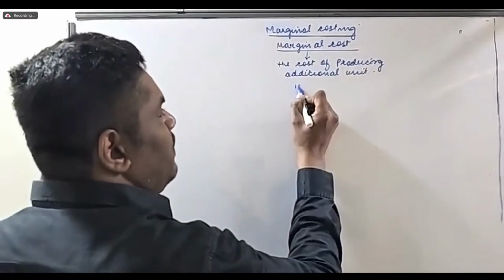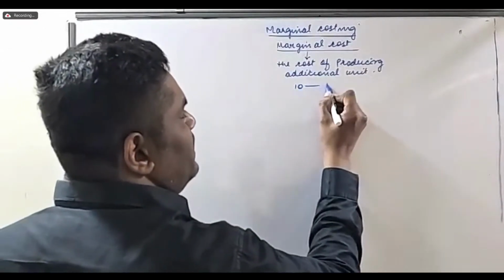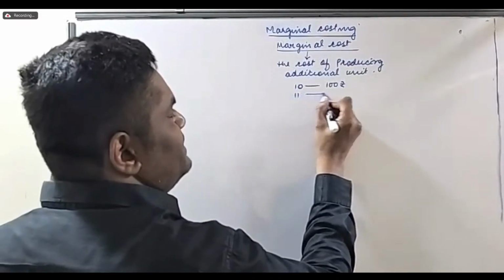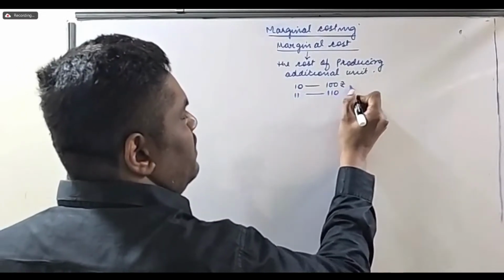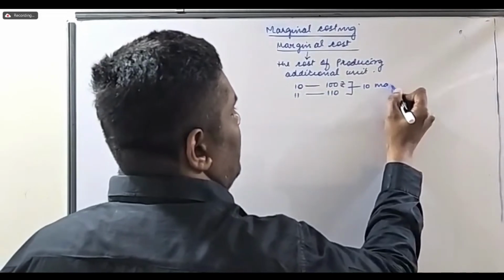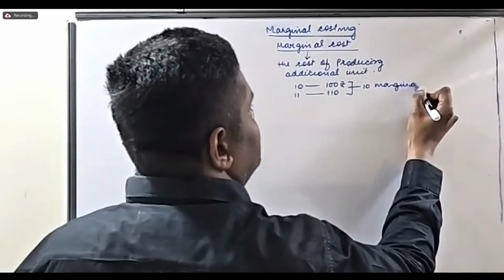Let's say we are manufacturing 10 units and the cost is 100 rupees. For 11 units, the cost will be 110. So herein, 10 is my marginal cost.